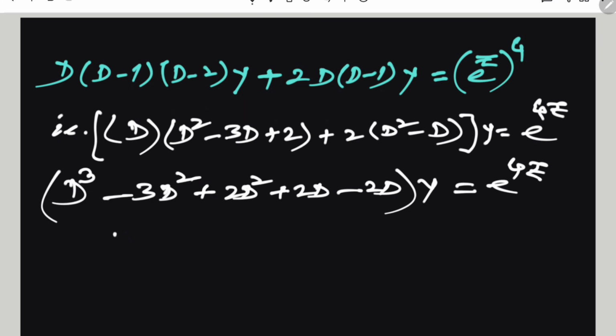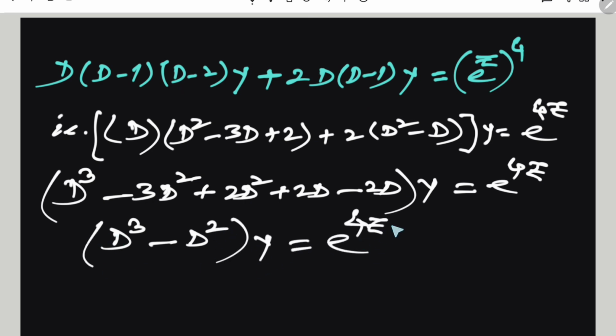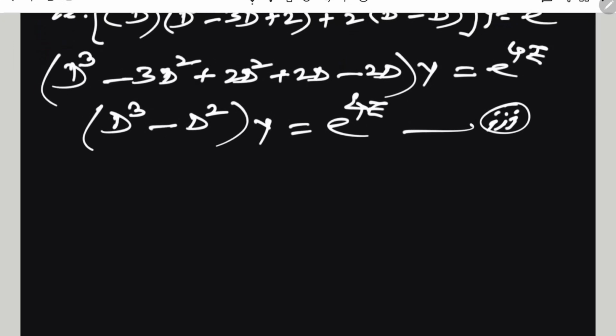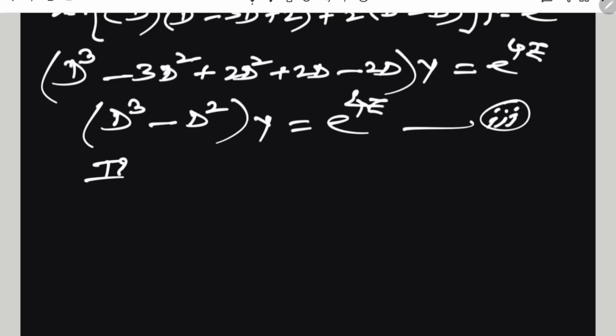We have D cube minus D square into y equals e raised to 4z. Equation number 3. That equation number 3 is a linear differential equation with constant coefficient, with y as dependent and z as independent variable.